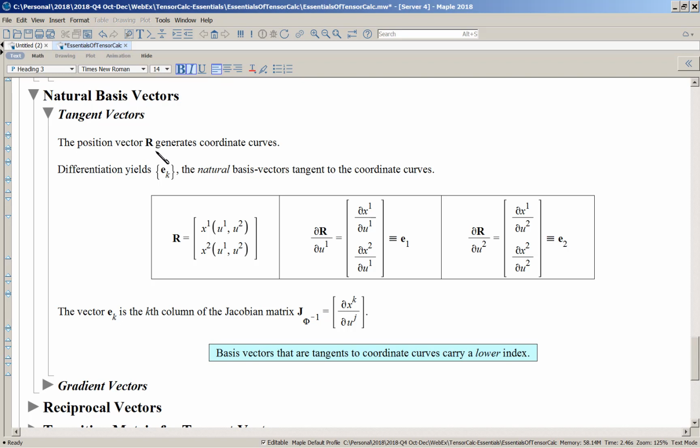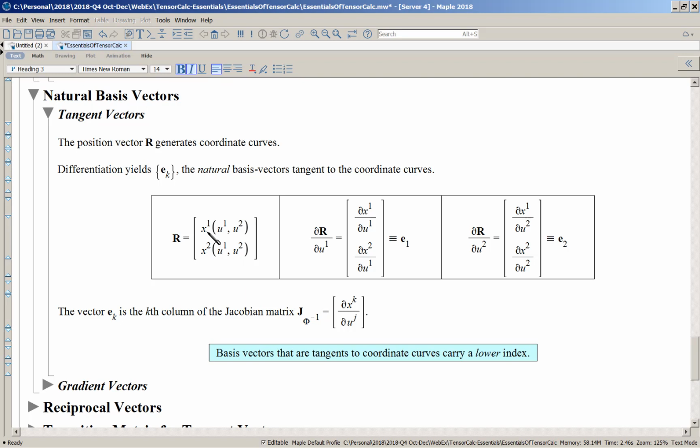When we differentiate with respect to a coordinate variable and get a tangent vector, we will use a subscript to express the fact that this is a tangent vector. And what are we differentiating? Well, think in terms of x of u. So this is x equals r cos theta, and this is y equals r sine theta.